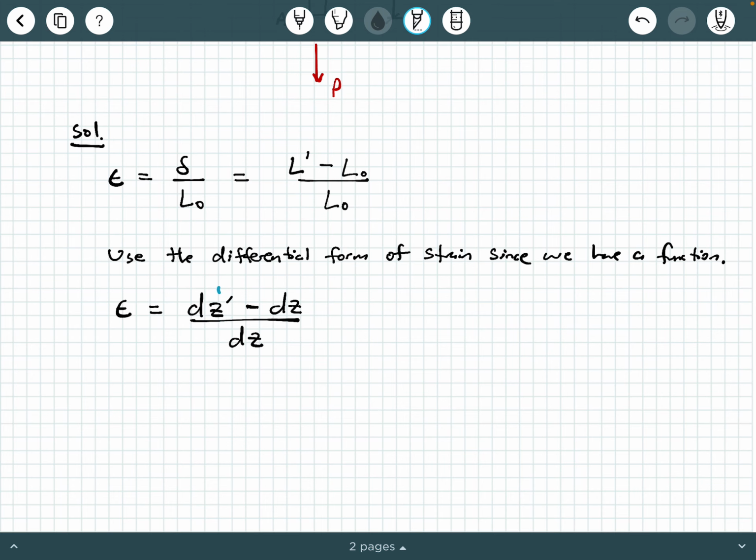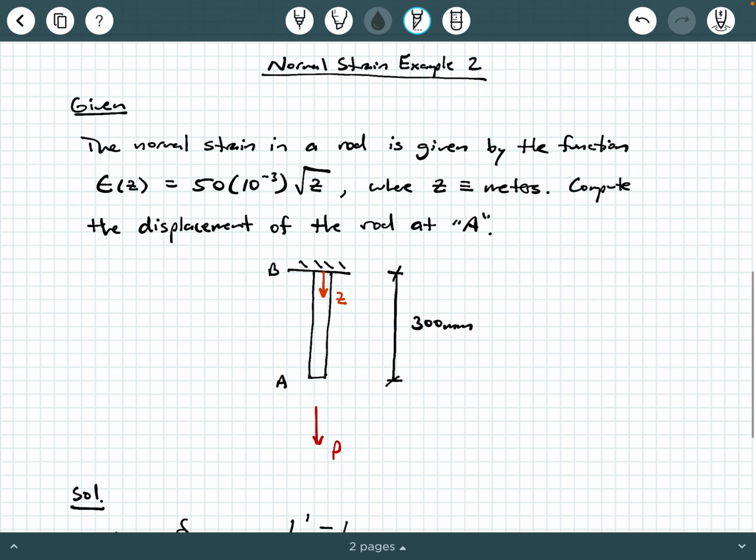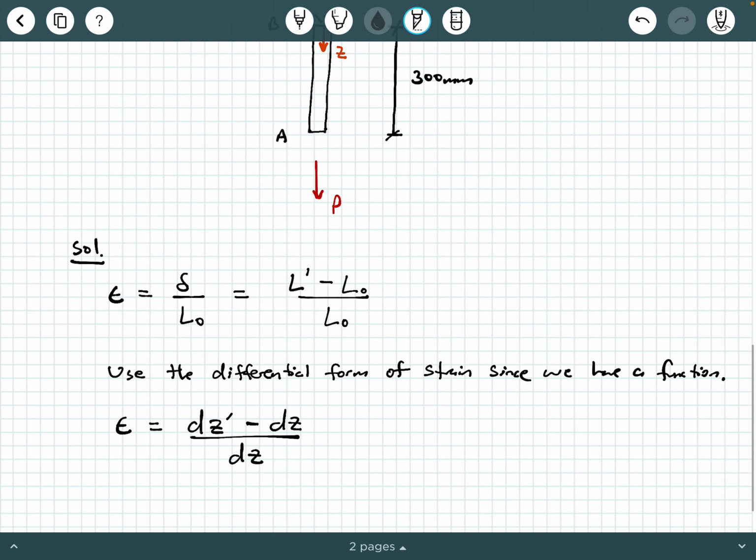Now, why am I interested in solving for dz prime? Well, the reason is because the problem asks us to compute the displacement of the rod at A. So we're given strain as a function, and we want displacement, which means we're going to need to get some kind of information on dz prime, or this entire numerator for that matter.